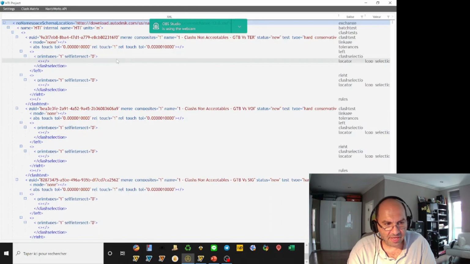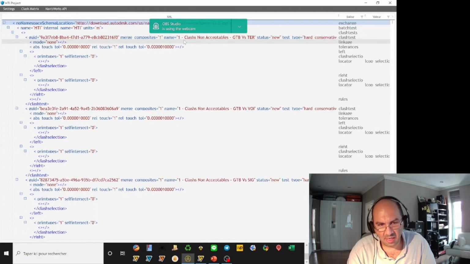And on the other hand, supporting my clash test and reporting activities by adopting a unique ID for each one of the clash tests, and a dedicated naming which contains the criticality level and each one of the disciplines that are clash tested against each other.